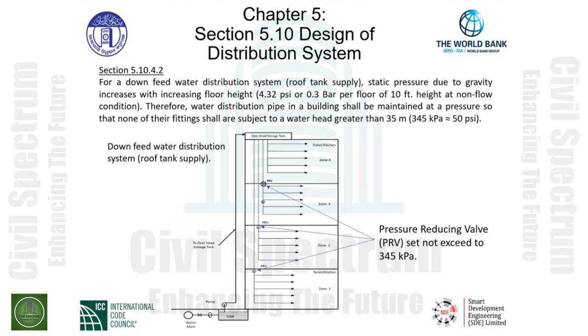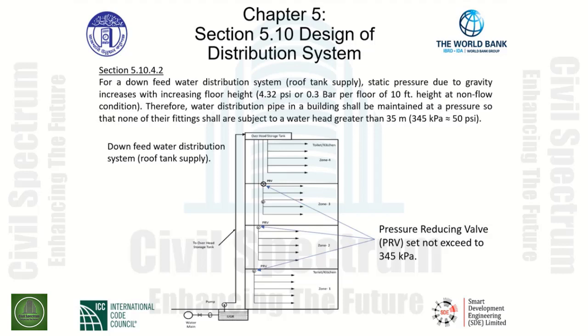We do not want a high pressure in our piping system run to our fixtures. If you do have high pressures, it may damage fixtures and equipment that are not designed for elevated pressures. That's why we have this limitation.